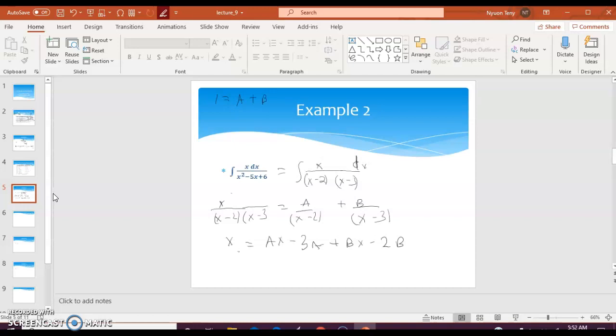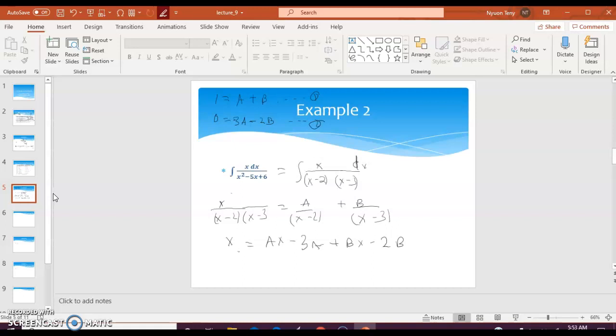And then here I'm going to have 0 equals negative 3A minus 2B. This is equation number 1 and equation number 2.